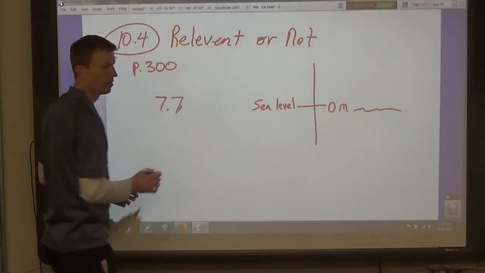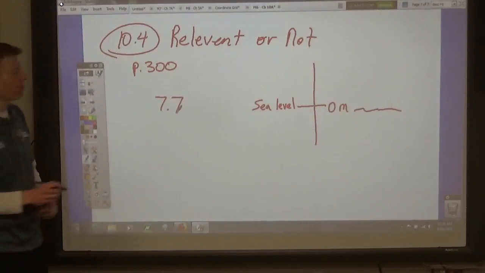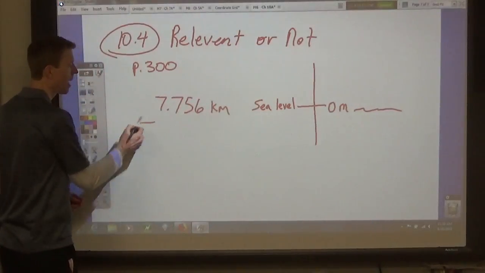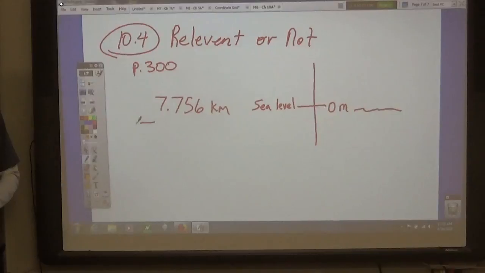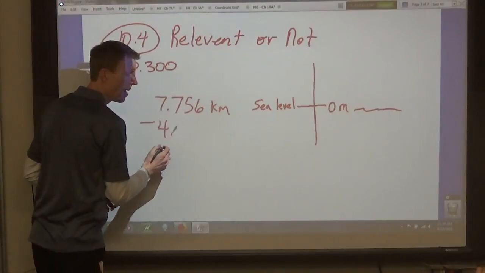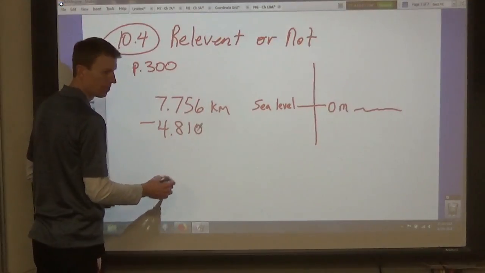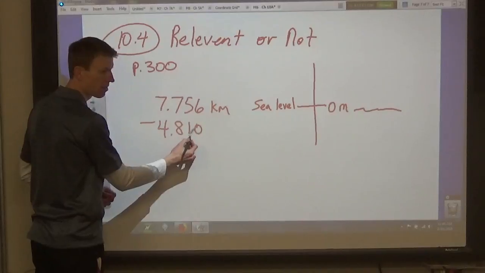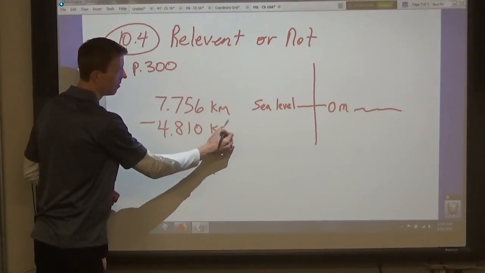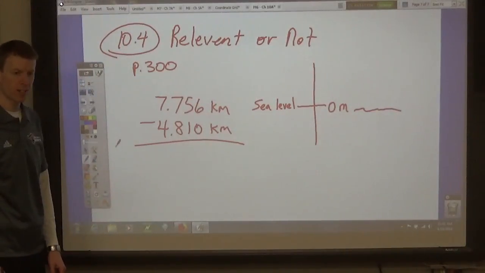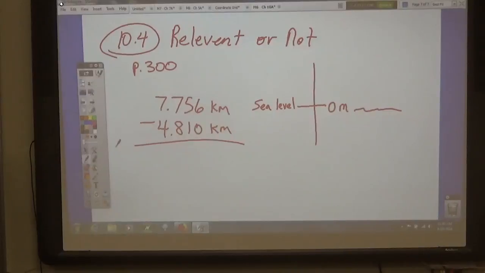Kamet is taller. 7,756,000 kilometers. And then subtract the height of Mount Blanc, 4,810,000. Oh, this is thousands. Kilometers. Yep. Subtract the 2 and find the difference.